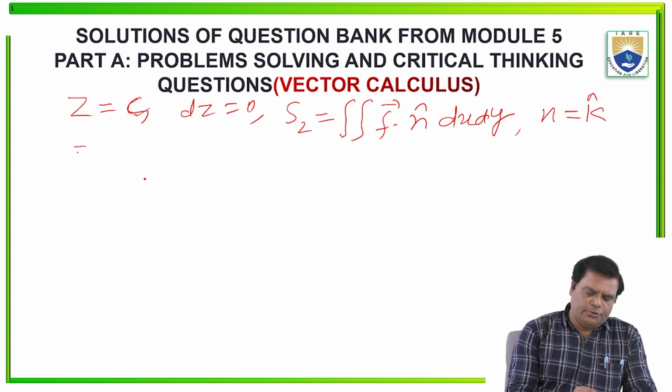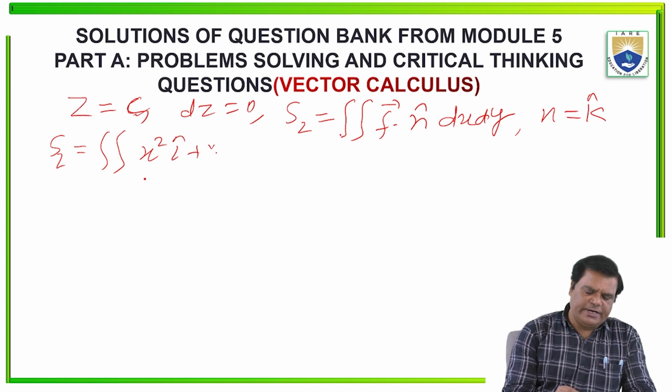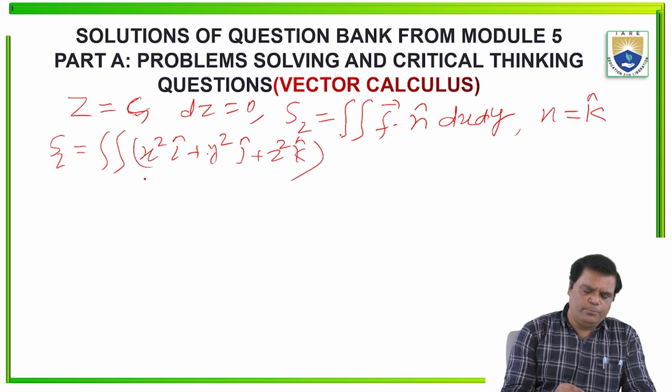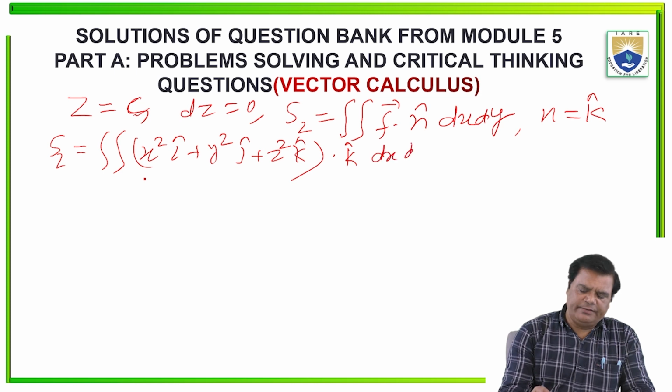Now S2 is the double integration of f, which is x square i plus y square j plus z square k, into n, which is the k vector, dx dy.